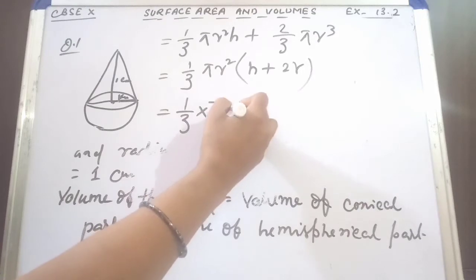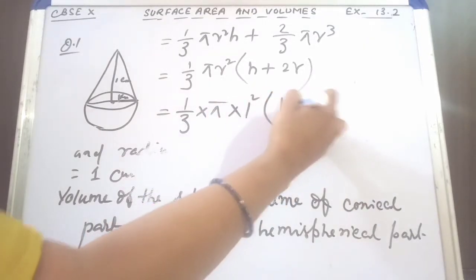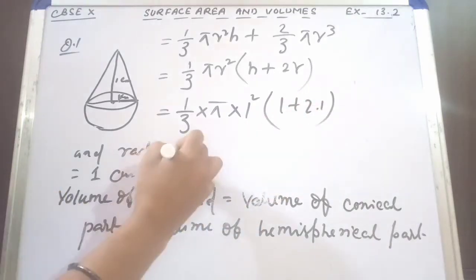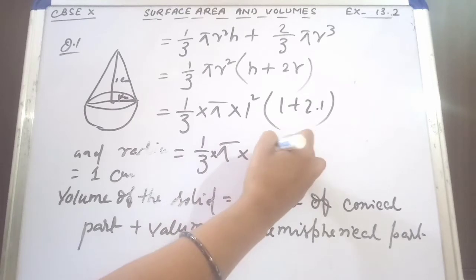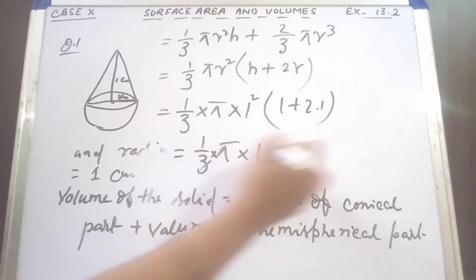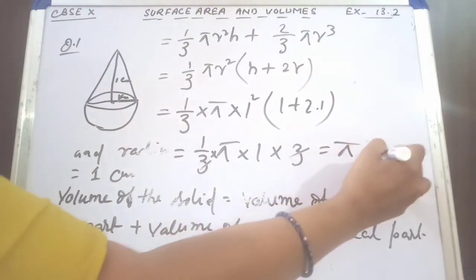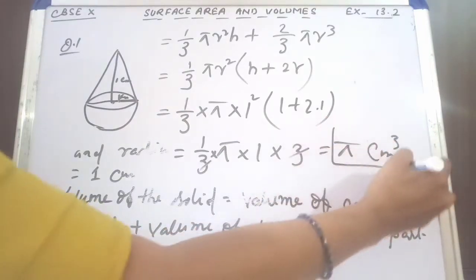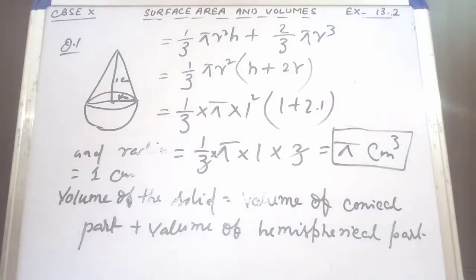So this is 1 by 3 into pi into r, 1 square, into 1 plus 2 into 1, that is 1 by 3 into pi into 1 into 3. 3 cancels out, that means pi centimeter cube. So that's the answer, pi centimeter cube.